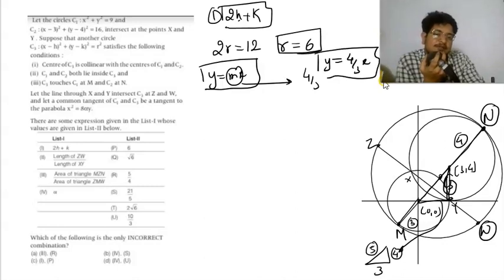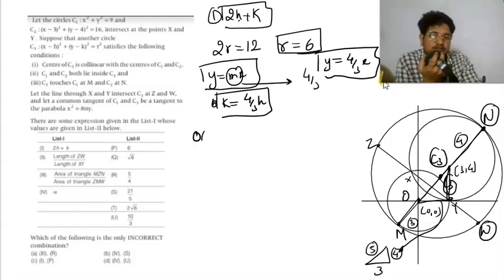Hope you understand this thing. Now for h, k, k is equal to 4 by 3 h. Now if I take this point as O and the center of this will be c3, so we will take Oc3.